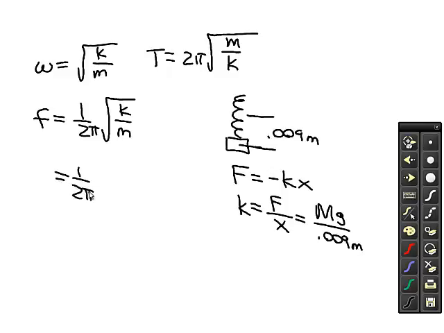1 over 2 pi square root of mg over 0.009, divided by m. So you go, wah. And I do know what g is, and I do know what x is, and I do know what 2 pi is, so I can figure it out.